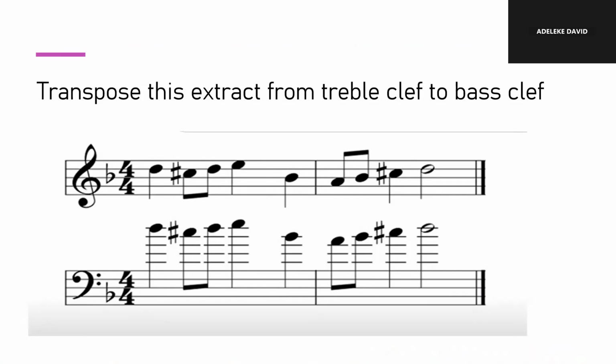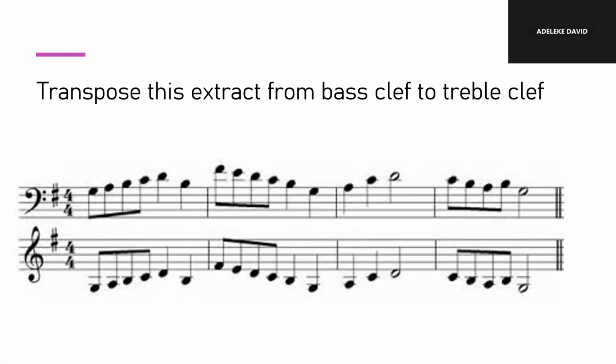Then let's look at this other example. All right, look at this as well. You are writing this extract from the bass stave to the treble stave. You can see that this is G. This G is in the space. You can see that this is also G. This is A on the line.